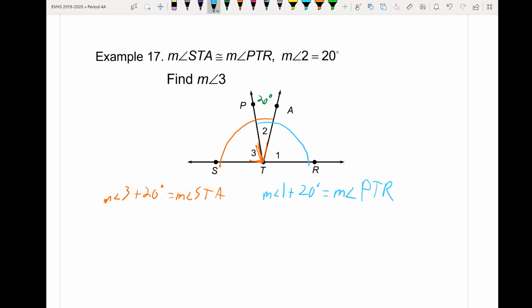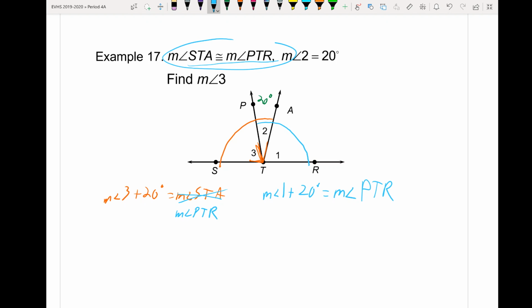However, STA and PTR are congruent, correct? So I could essentially make this substitution. The measure of angle 3 plus 20 also equals the angle of PTR. Are we all right with that substitution?